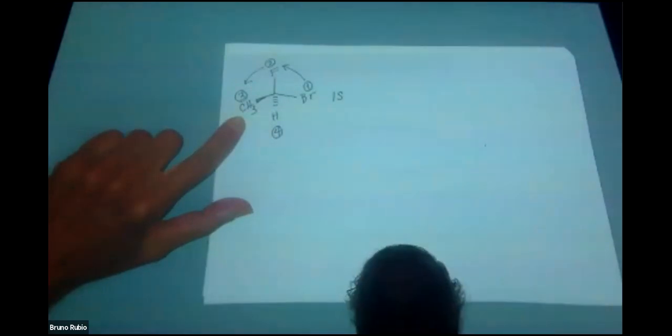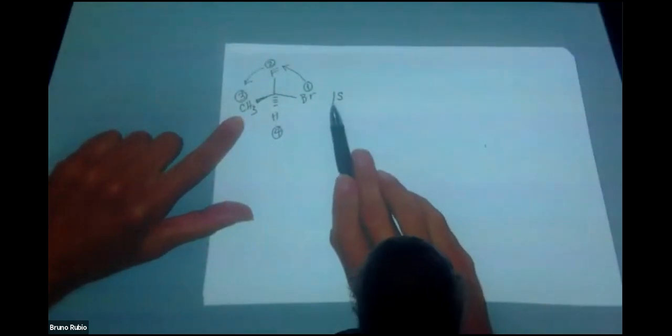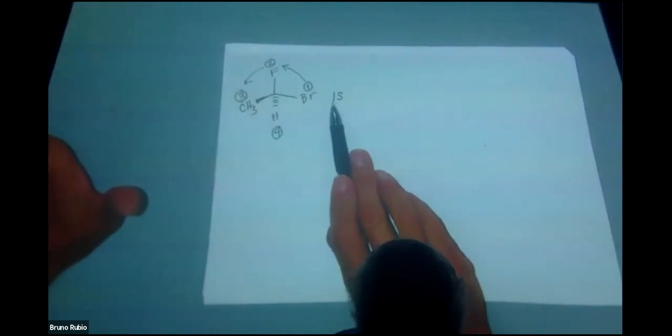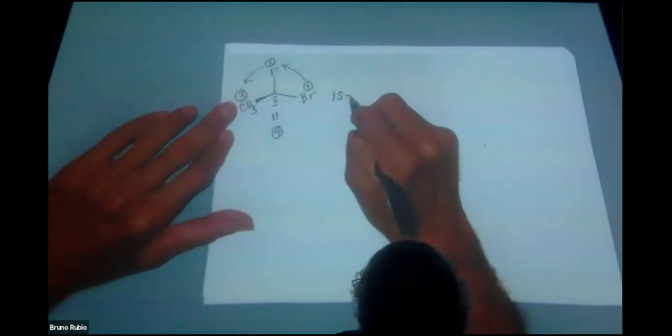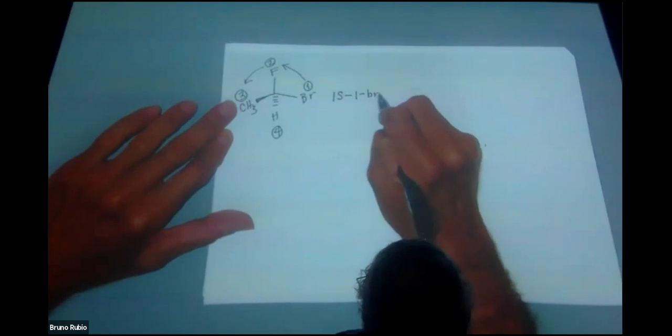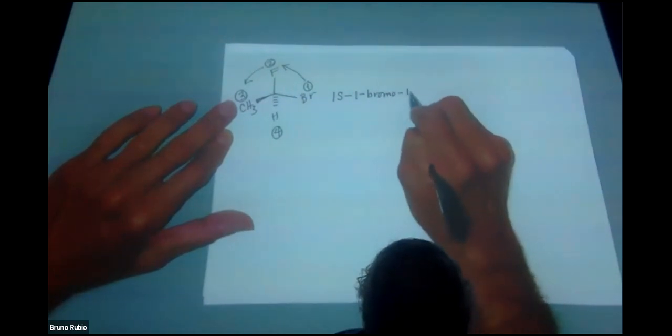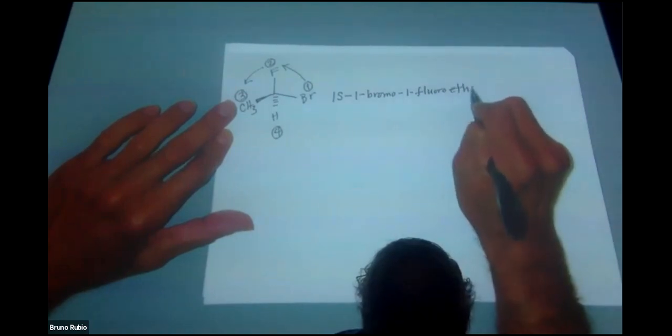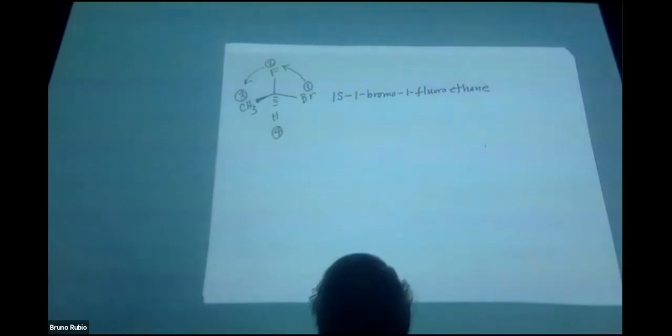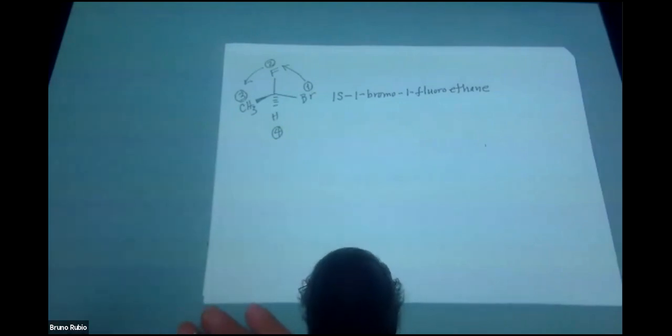That's the stereochemical descriptor that we find as the very first part of a systematic name. This 1 is telling you the number of the carbon that has the S absolute configuration. 1S, 1-bromo, 1-fluoroethane, right? That would be the official name of this molecule, where I'm throwing in the chirality of the chirality center.